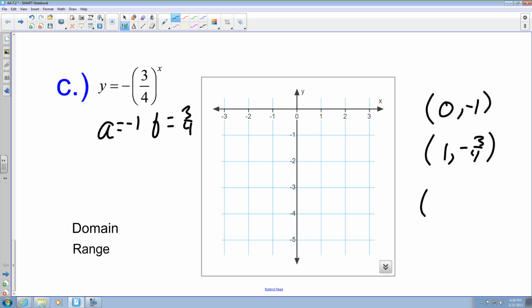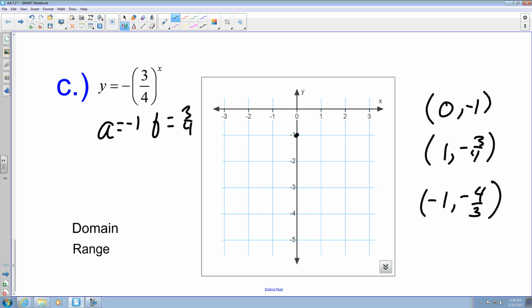And then negative 1 comma a times 1 over b, negative 1 times 1 over 3/4, so that makes it 4/3 times negative 1, which gives me negative 4/3.